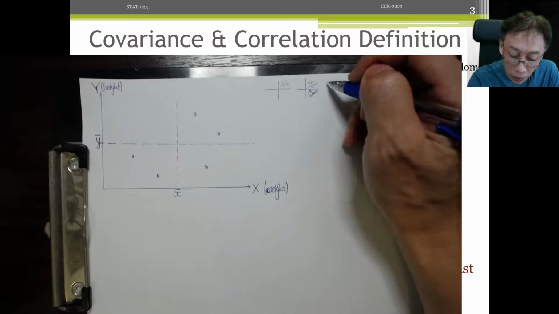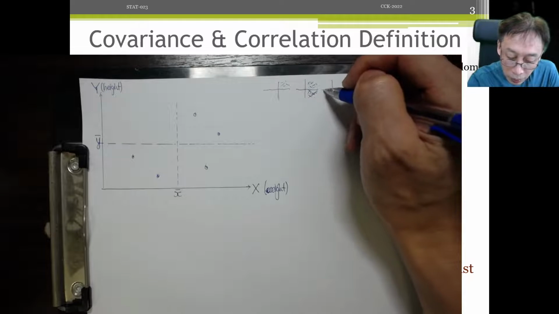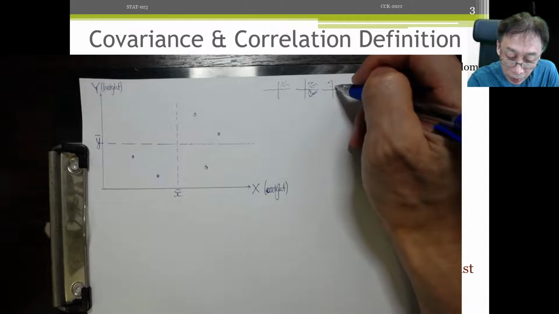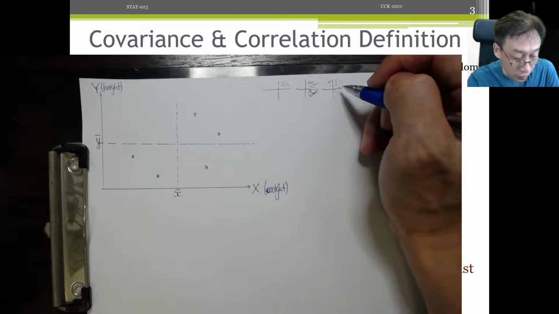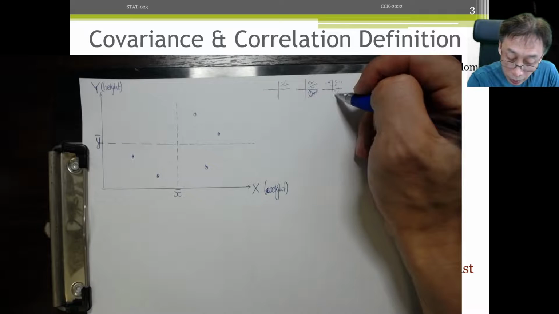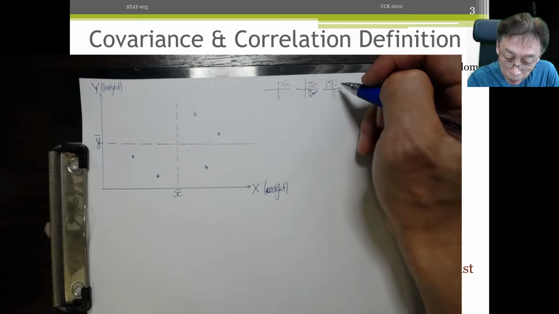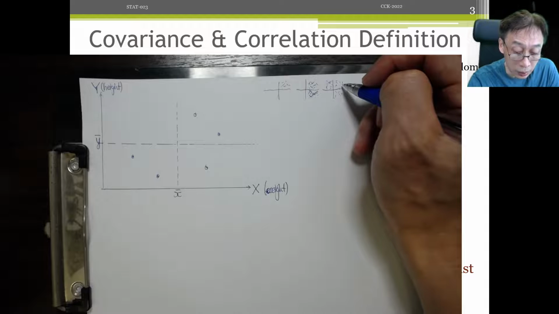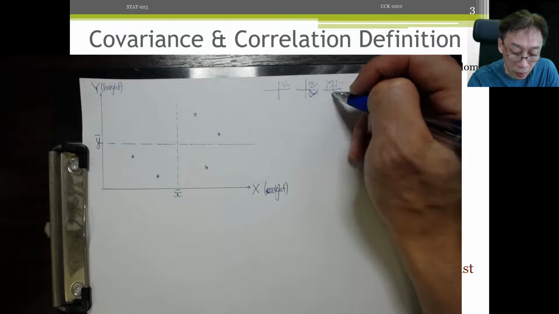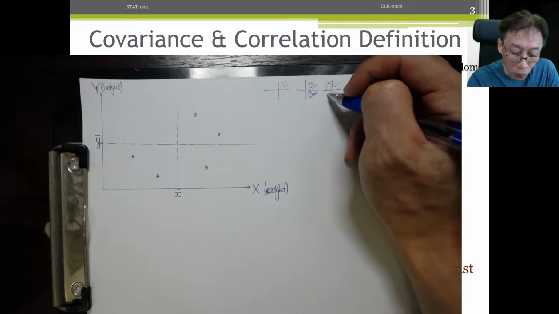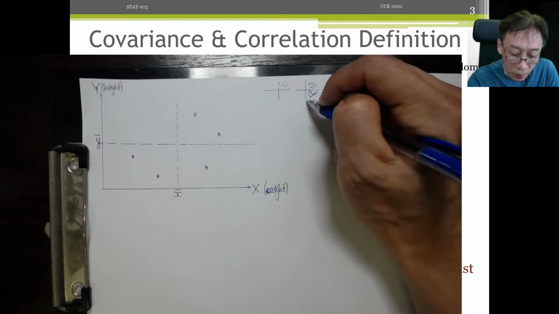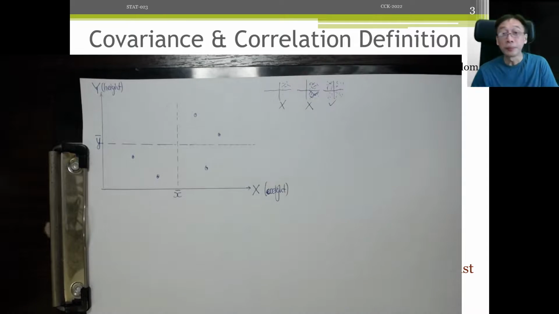Of course, it will also be not possible for data points to gather in only three quadrants. Well, this could happen actually. So this could happen, or all four quadrants. So this is possible, this is impossible, this is impossible.